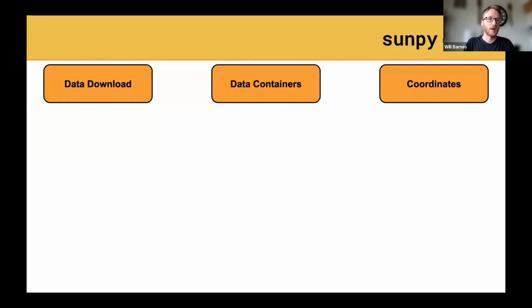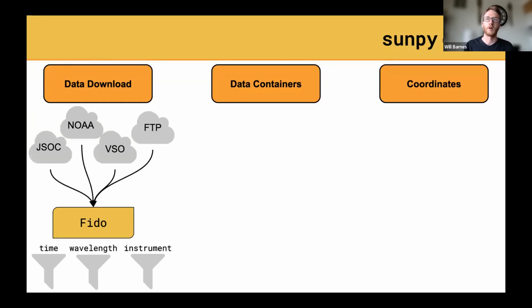So for data download, I know a lot of people are familiar with this Fido functionality. Fido is a unified interface to a lot of different common data providers in solar physics. So this includes things like the JSOC, which is located at Stanford, which serves data for the Solar Dynamics Observatory, places like NOAA, the VSO, and then various other FTP servers.